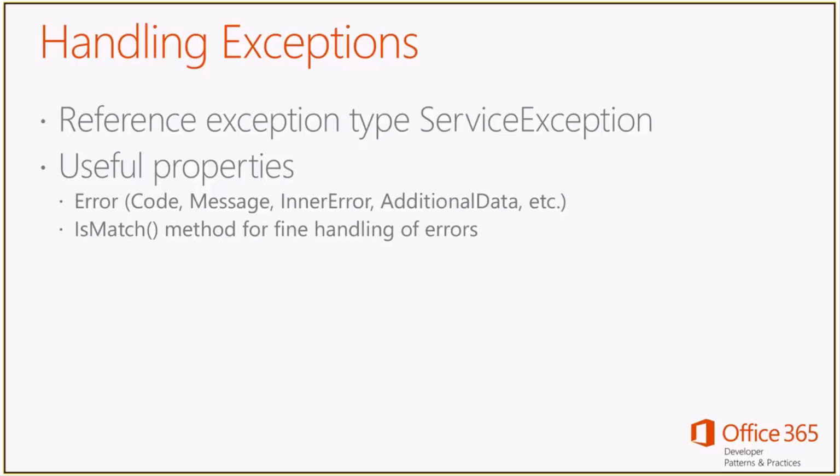And moreover, the service exception type provides an isMatch method, which allows us to check if the current exception is any of the predefined and specific errors which are expected as possible errors raised by the Graph API when we consume it.